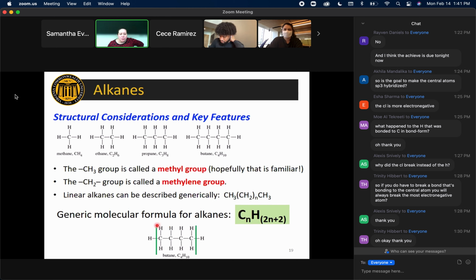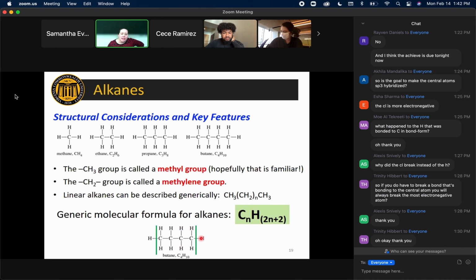So for example, with butane, if we take our linear row of carbon atoms and look only at the center portion here, you can see that for these 4 carbon atoms, they each have 2 hydrogens attached to them. So that takes care of our CnH2n.